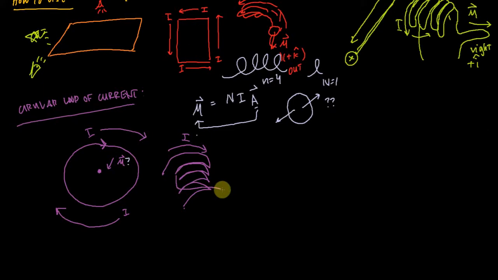So you can't really see my thumb very well right there, but it's kind of behind these fingers, and this is going into the board. Okay, so that means that mu is going into the board, or aka in the negative k hat direction.